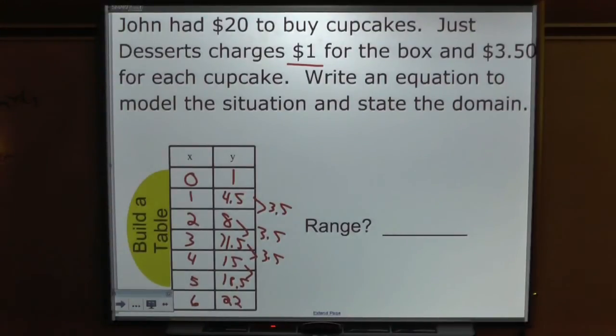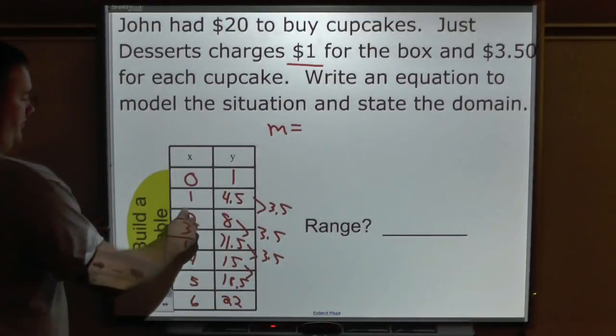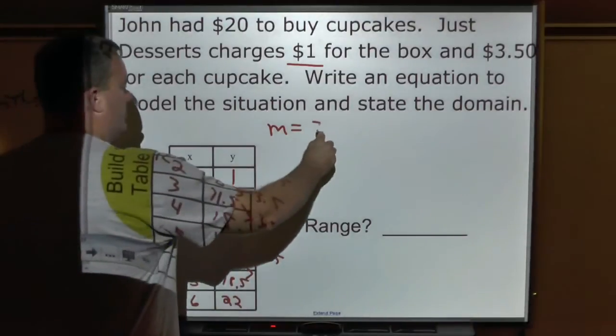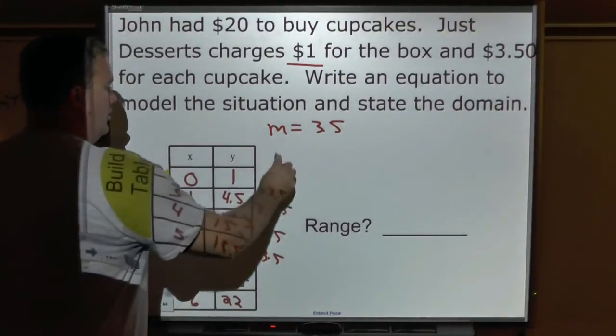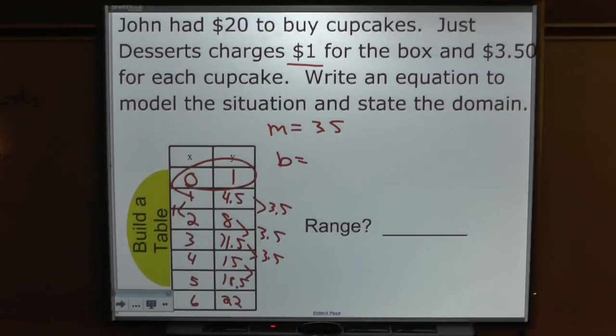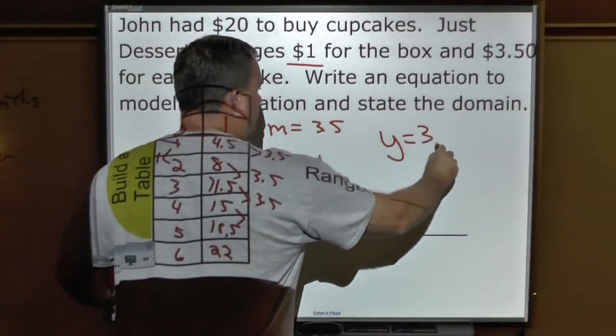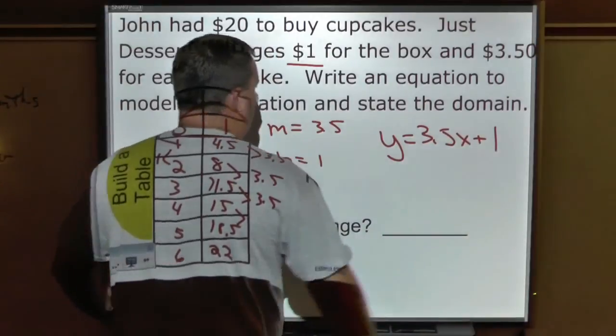So I want you to think about this. If you look at this, your rate of change, m, is 3.5 divided by 1, which is 3.5. Your initial value, what you started with, we've talked about where the x-coordinate is 0. That's 1. So your equation for this one is y equals 3.5x plus 1.